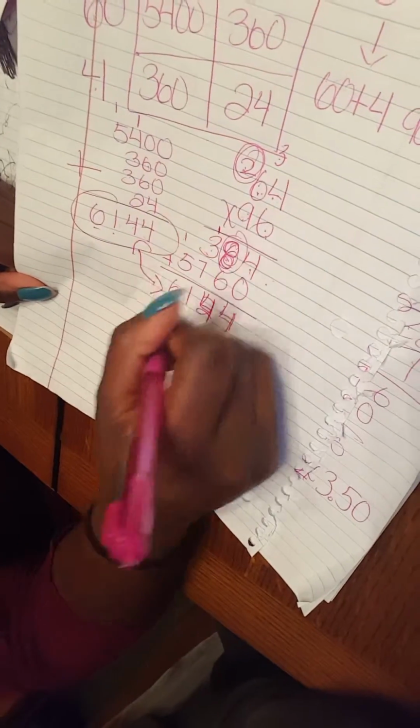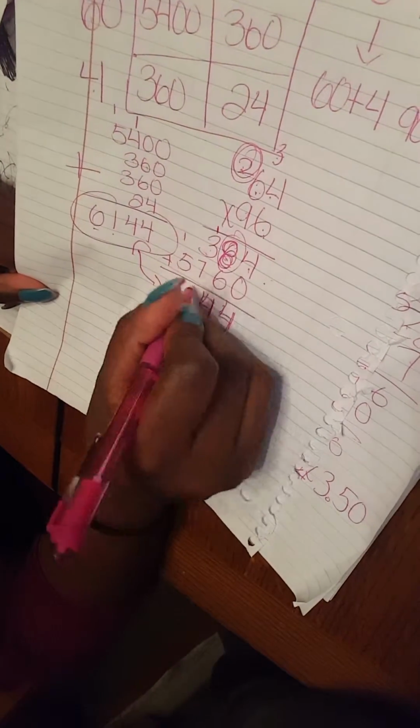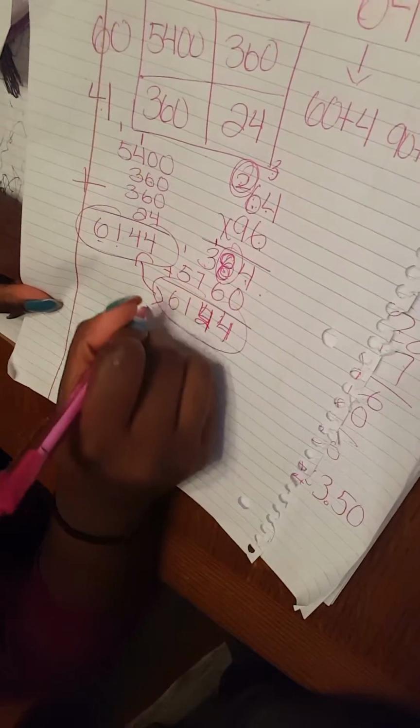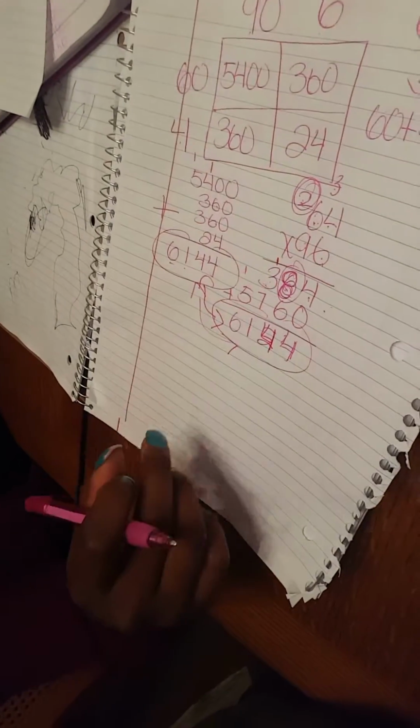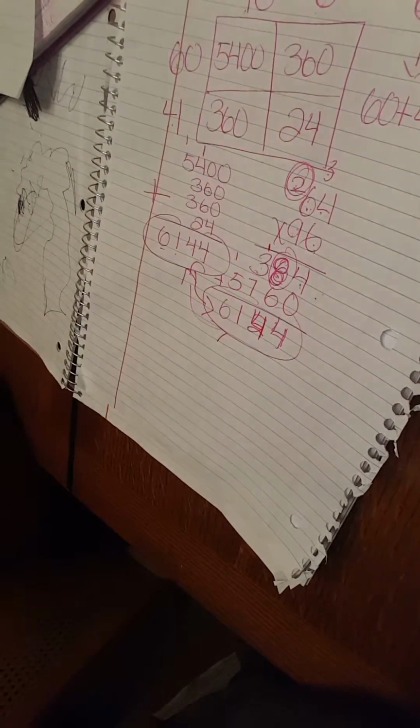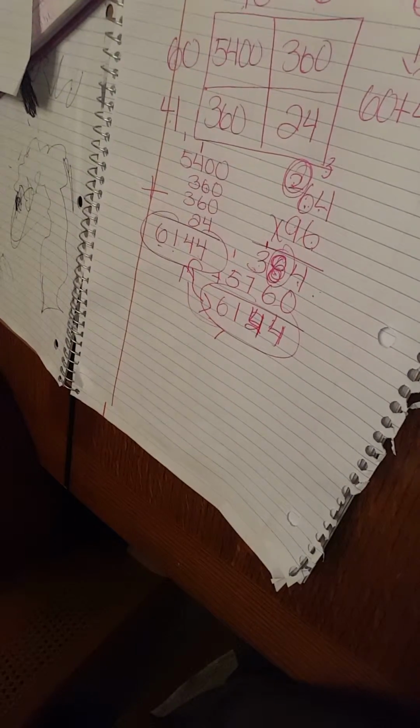Carry my 10. And then the rest is 6144. Just like that, 6144. So that's how we do our box method. Sorry about that mistake, but I found my mistake and the answer is correct.